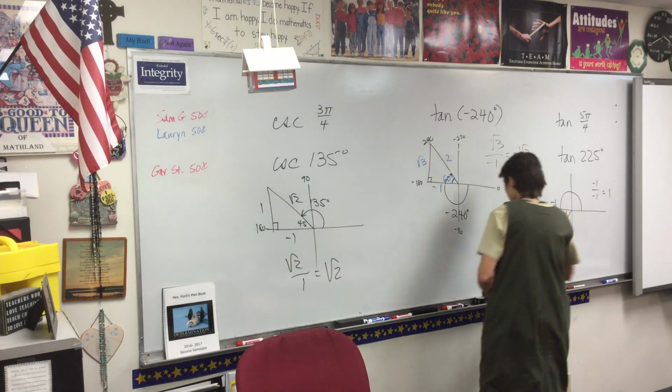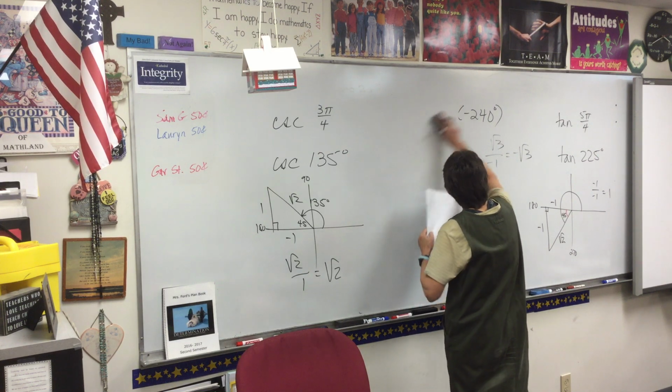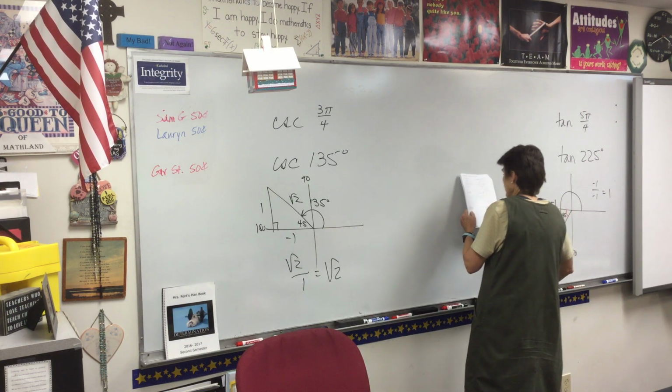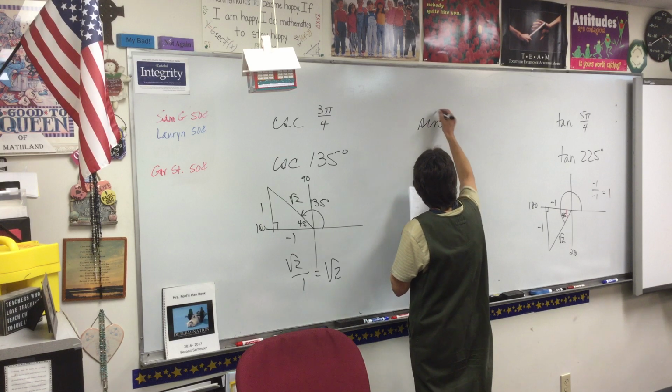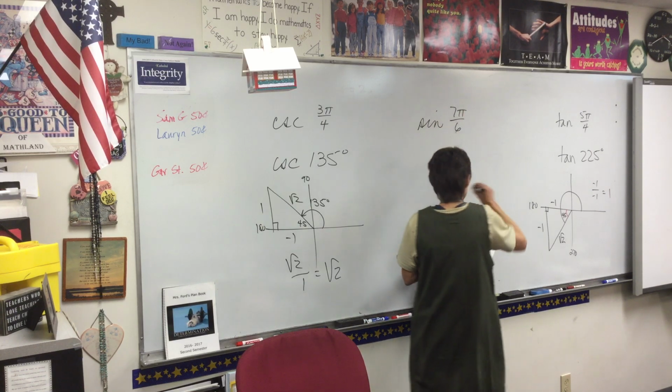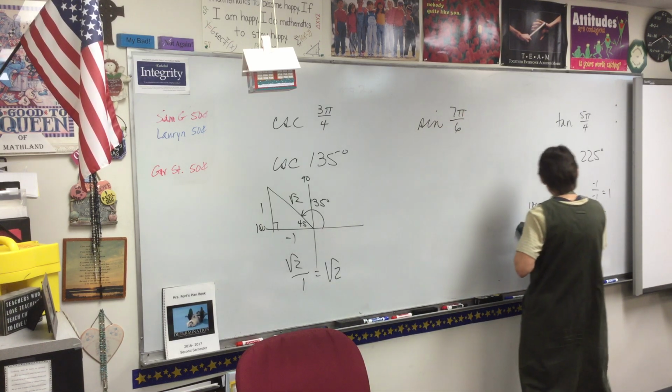Only 2 more of these. Let's fight through it. You want to try the next one on your own? Sine of 7 pi over 6. See how far you can get with the sine of 7 pi over 6.